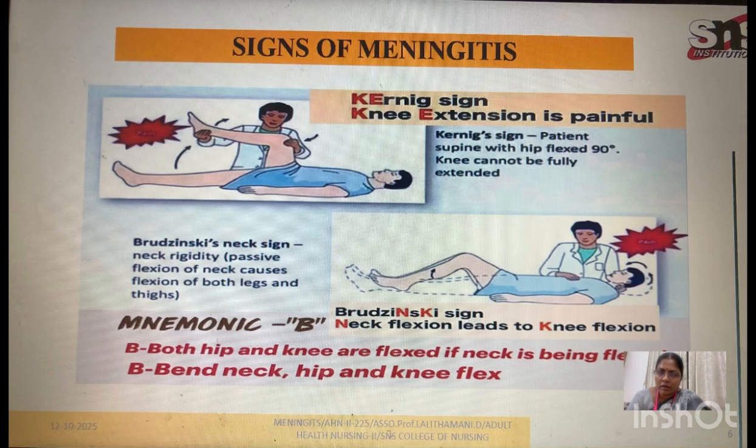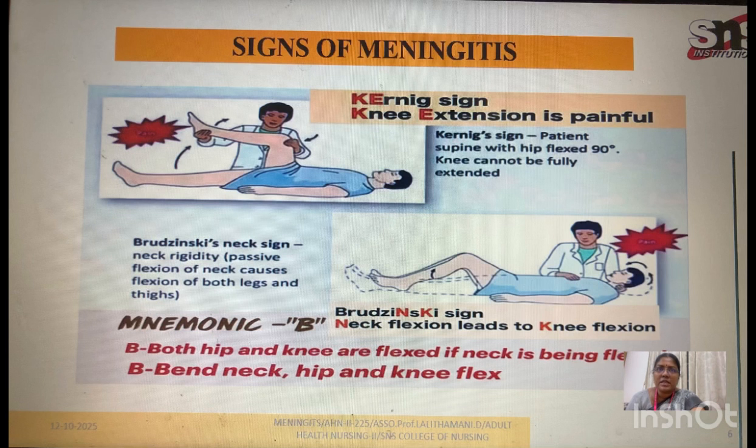When we test Kernig's sign, we ask the patient to lie supine with the hip flexed and then flex and extend. The patient may be able to flex the knee at the knee joint, but when the knee is extended, it causes pain.